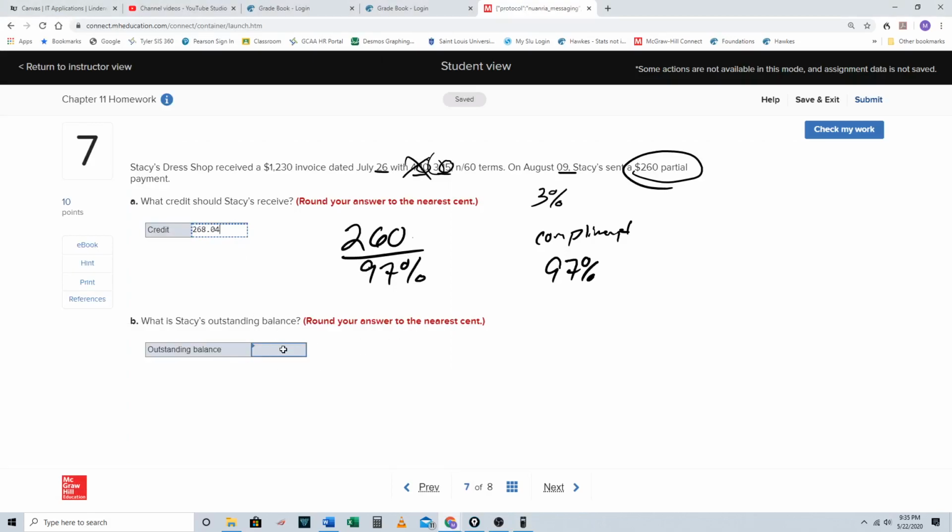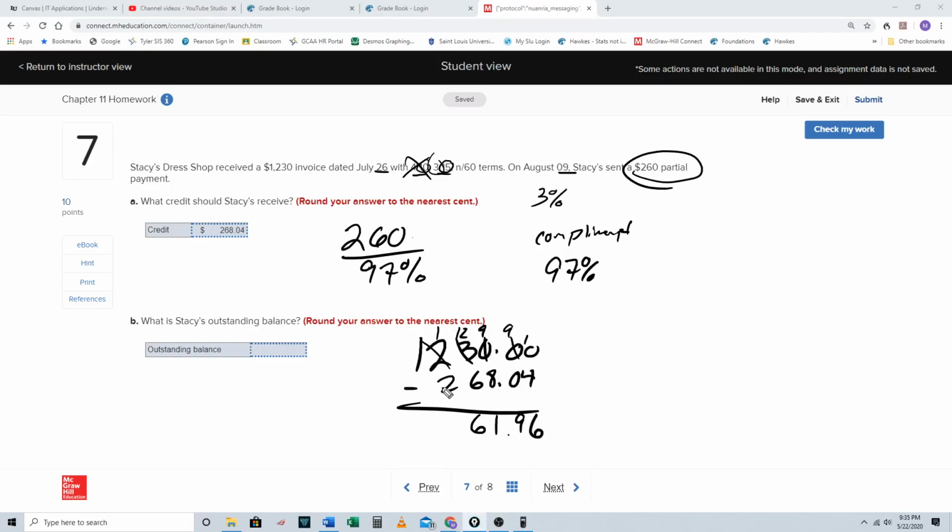Now, the outstanding balance is what's left, which means how much she had to begin with, $1,230, minus what they credited, $268.04. Again, borrow first. 6,916, 11 minus 2, $961.96.